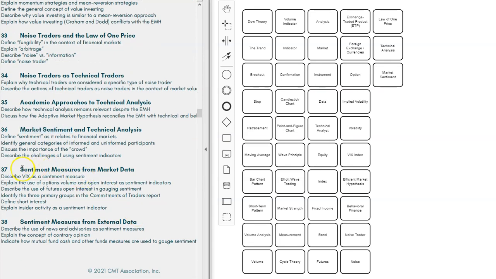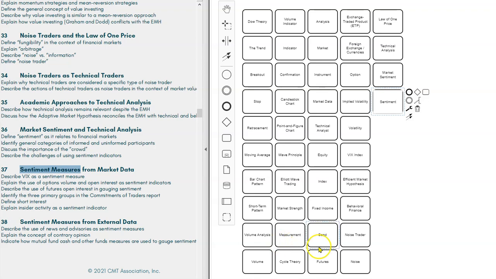Another sentiment, but this time it's a sentiment measure of the market data. Now we have data here, but let's go ahead and put market data, since that's pretty much the type of data we're going to be dealing with in this topic. But we do have sentiment measures.